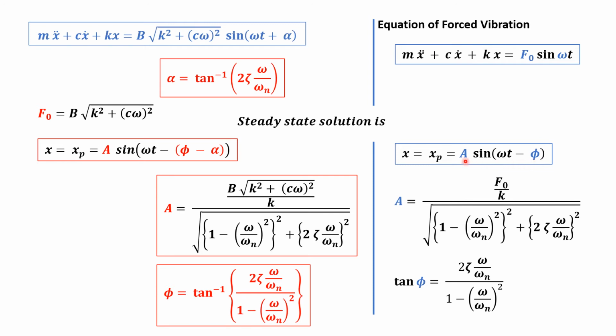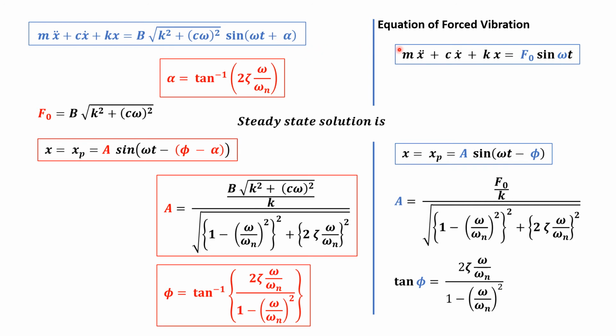We have already derived that a is equal to f naught by k, and in the denominator is square root of 1 minus omega by omega n whole square, plus 2 zeta omega by omega n, this term squared. And phase difference phi is tan phi equal to 2 zeta omega by omega n in the numerator to 1 minus omega by omega n square in the denominator.